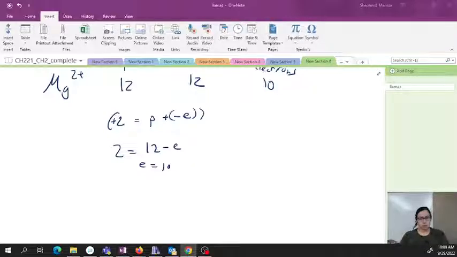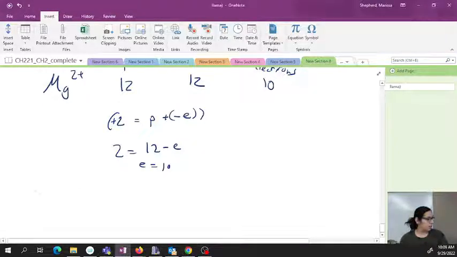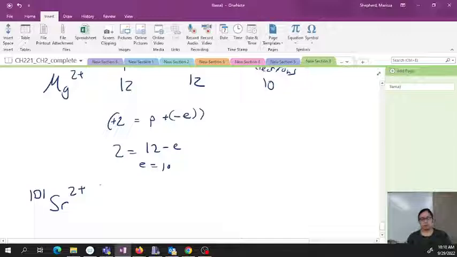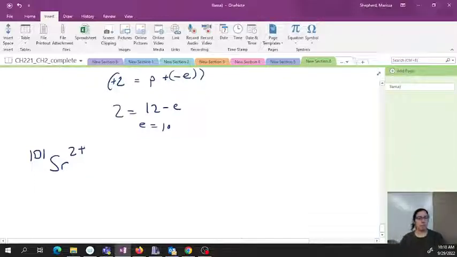Let's try another one. So what would everything be? And so let's try this example. So strontium 101 2+, so protons, neutrons, electrons.